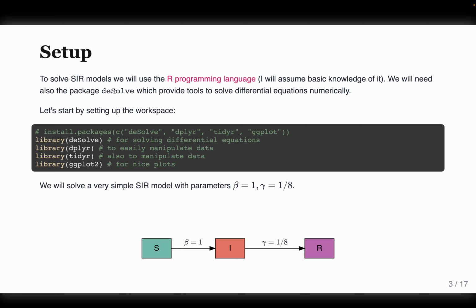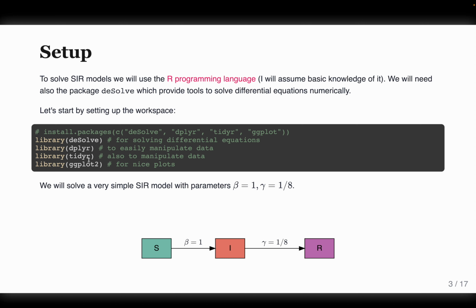So first of all, let's start setting up our workspace, that is, loading all the functions that we need to work. We will use mostly four packages: deSolve for solving differential equations, dplyr that allows us to easily manipulate data, tidyr also used to manipulate data, and then ggplot2, which is used for plotting.